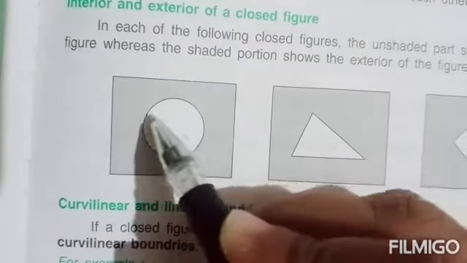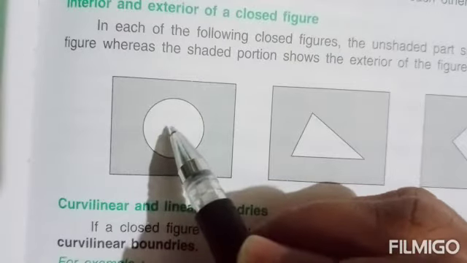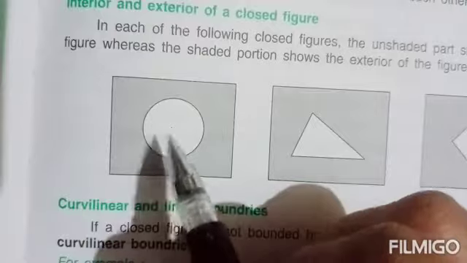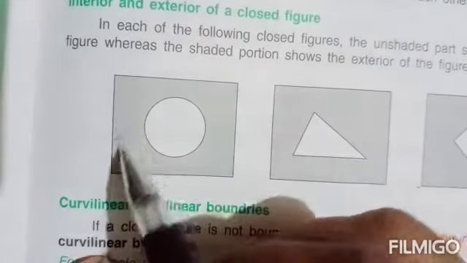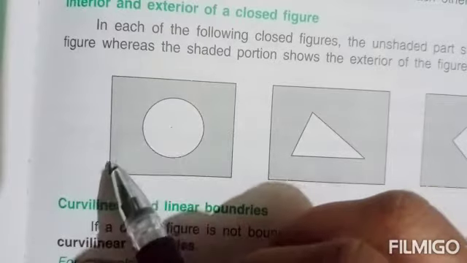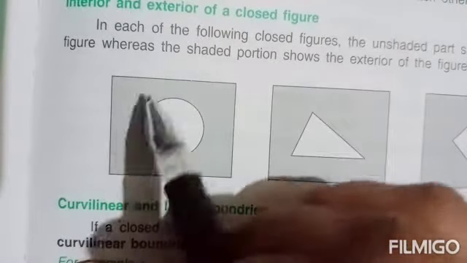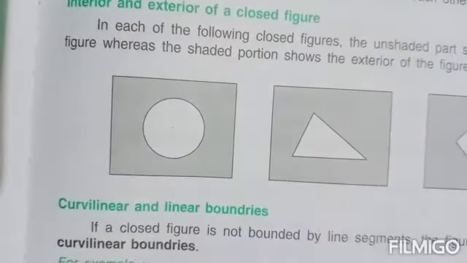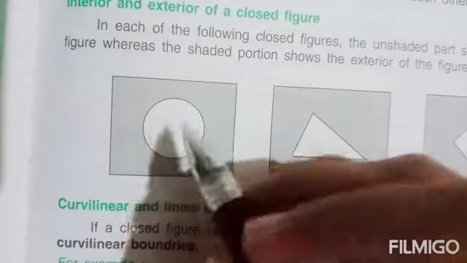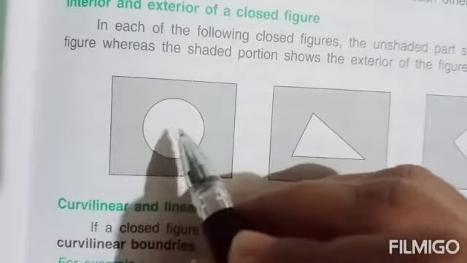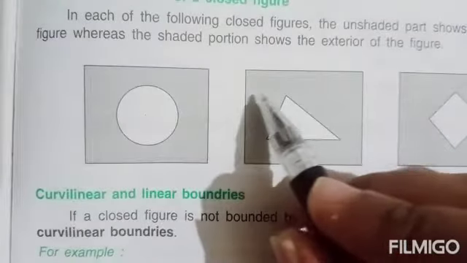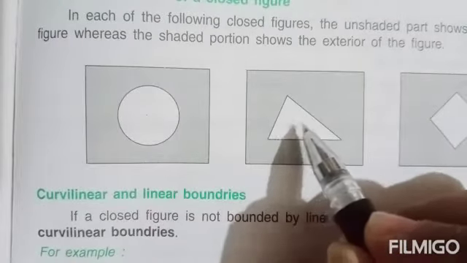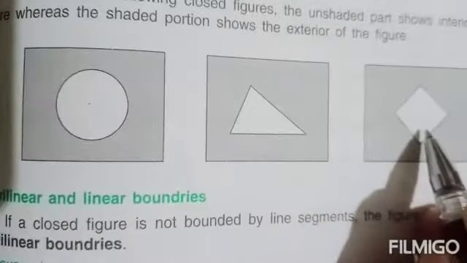So the interior portion of the circle is the interior region, and the exterior portion of that circle is the remaining portion in the plane which is outside the circle. It is the exterior of the figure. Okay, the shaded portion is exterior and this unshaded portion is the interior region. Similarly in this figure the shaded portion is exterior and the unshaded portion is interior, in this figure also.